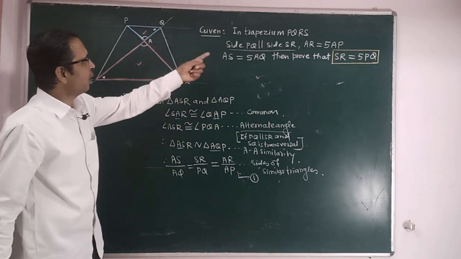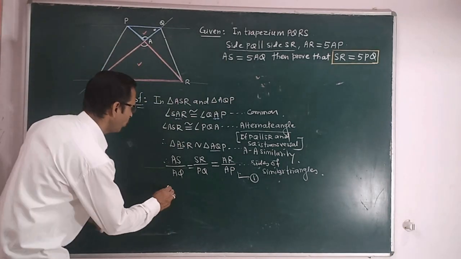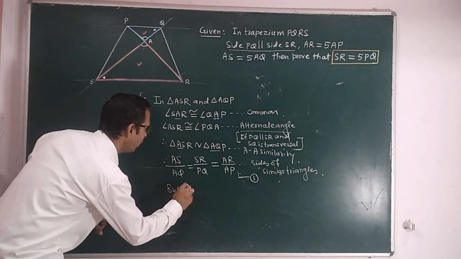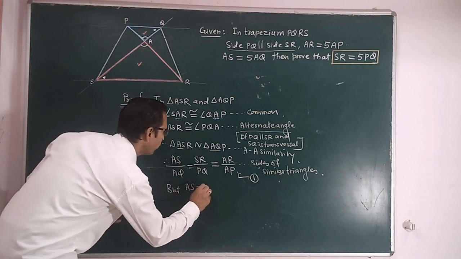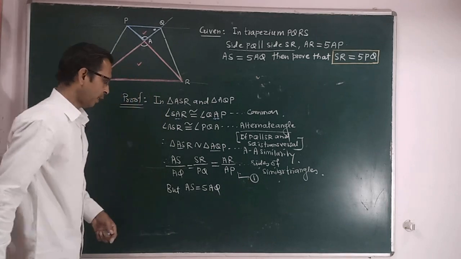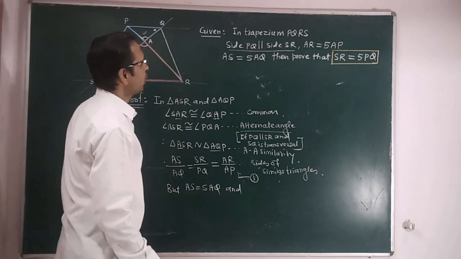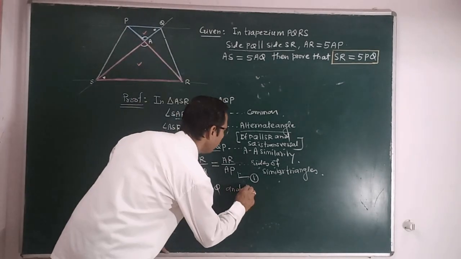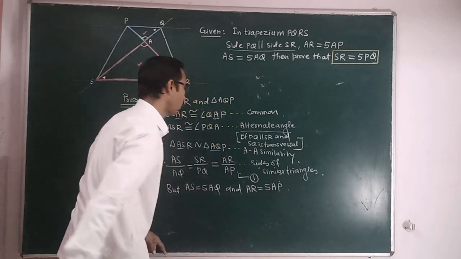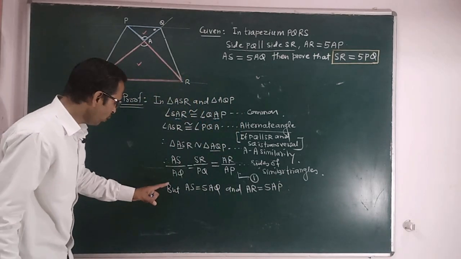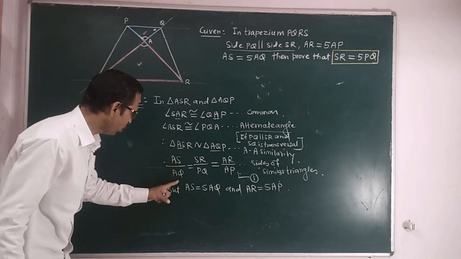This is statement number 1. Now look at the given. We are given AS is equal to 5AQ, and the second statement, AR is equal to 5AP. Now see here, AS upon AQ, this is a ratio, it is given to you.